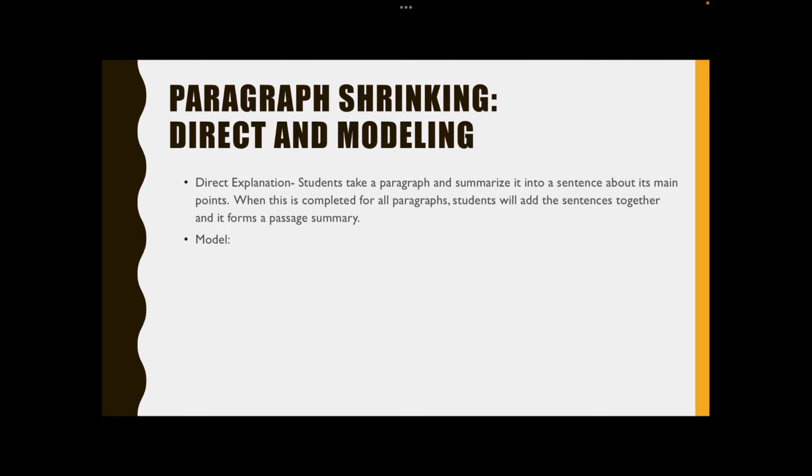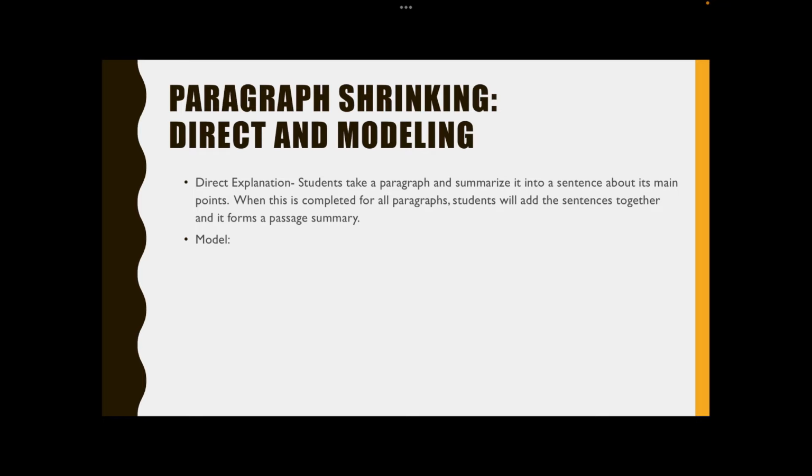So first we're going to talk about paragraph shrinking. Paragraph shrinking is when students take a paragraph and summarize it into a sentence about its main points. When this is completed for all paragraphs, students will add the sentences together and it forms a passage summary.